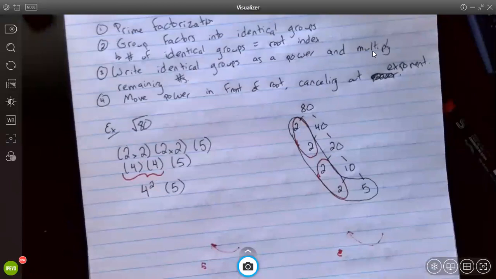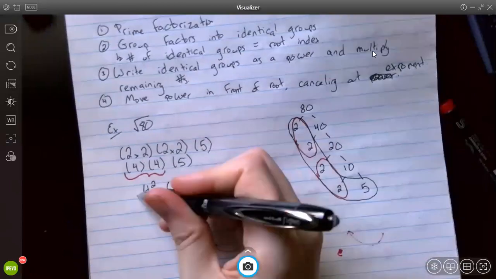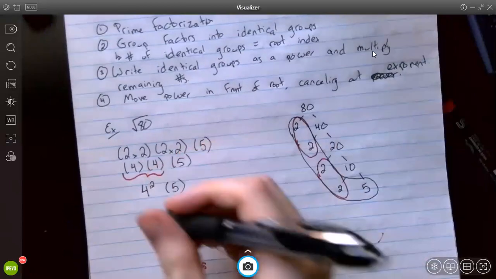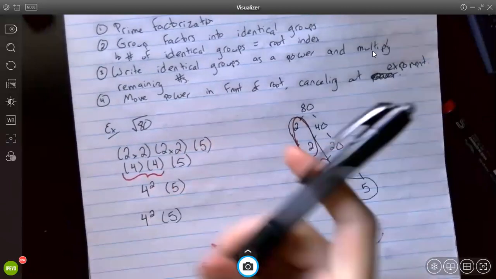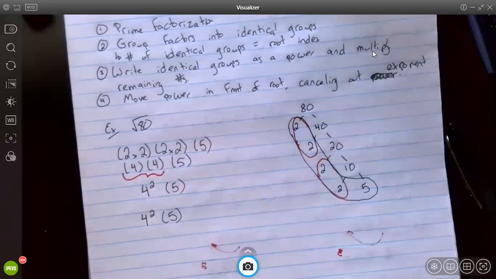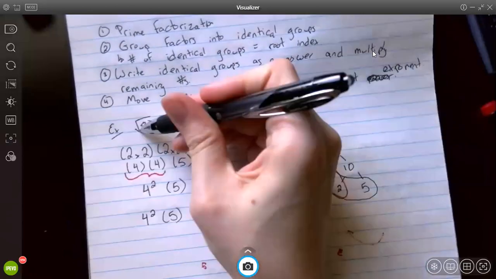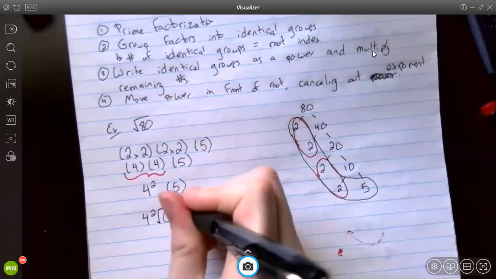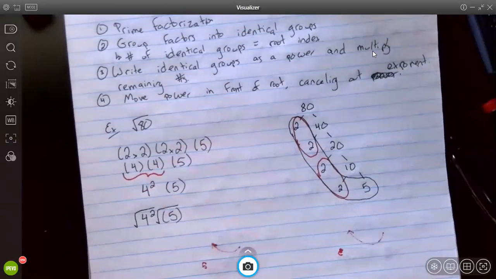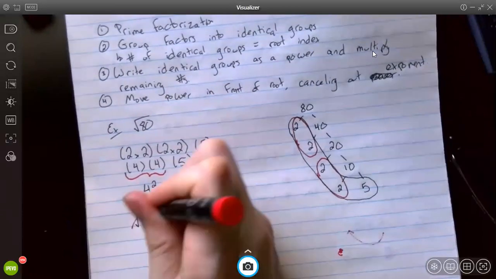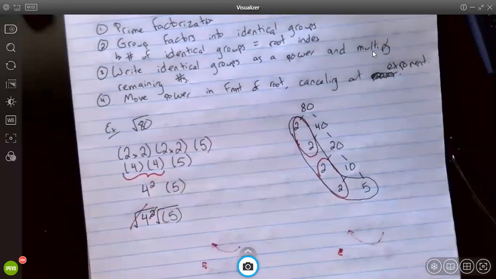Now, if I were to put these underneath some root signs, putting it back underneath a square root, it's going to look like that. However, a square root and a squared cancel out.